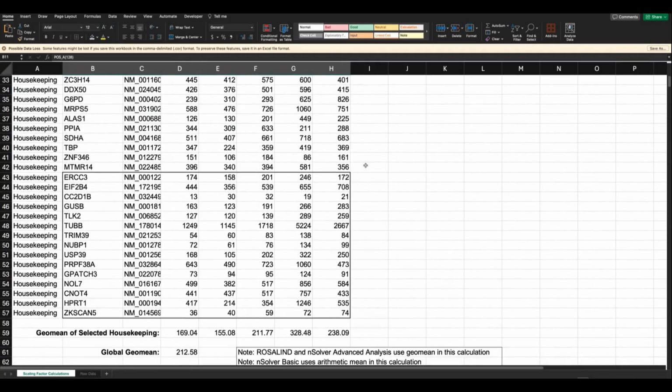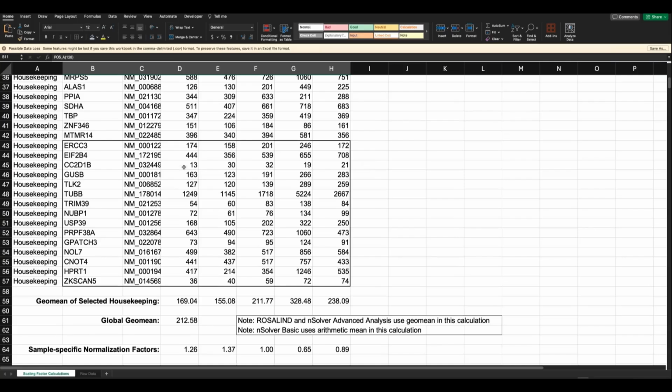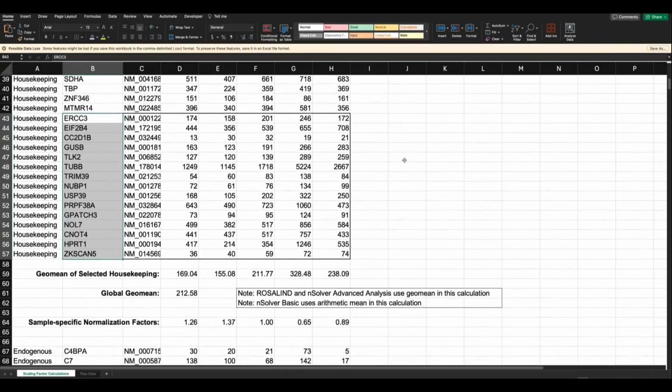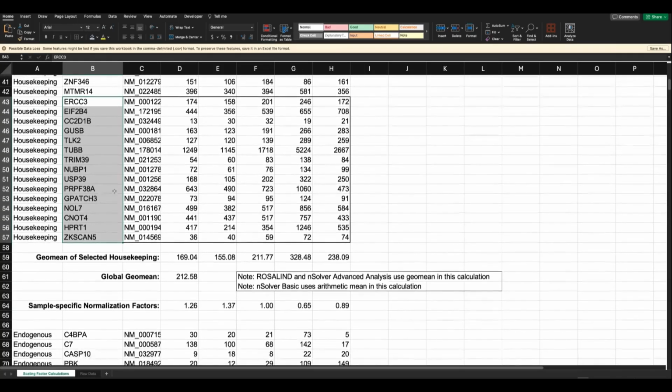So in this data set we have 5 samples. We have this large potential set of housekeeping genes for normalization, and we have selected the set of housekeepers we want to use. Let's assess the relative abundance of these housekeepers in all the samples. In each sample, for the housekeepers selected for normalization, we calculate the average.